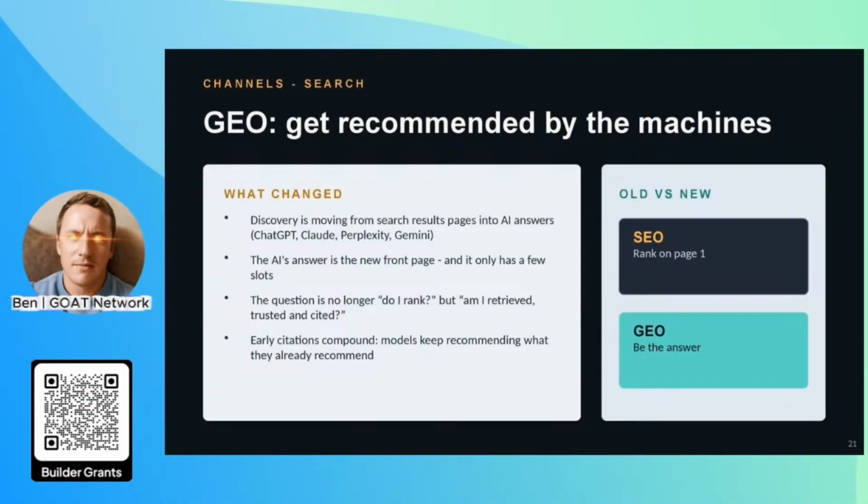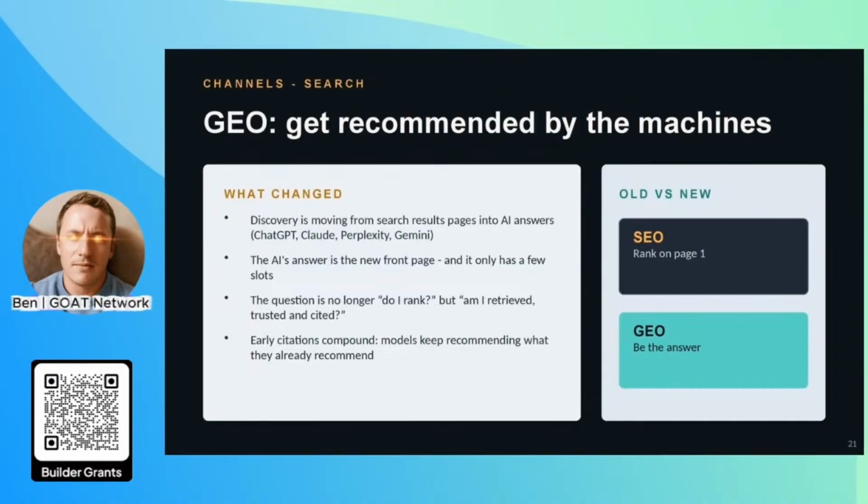The reason for that is essentially where these AI overviews show up on Google. This is a really striking number. Basically, organic clicks after that then drop by around, I think it's 60%, if I remember rightly. Discovery is basically moving inside of ChatGPT, Claude, Perplexity, Gemini.